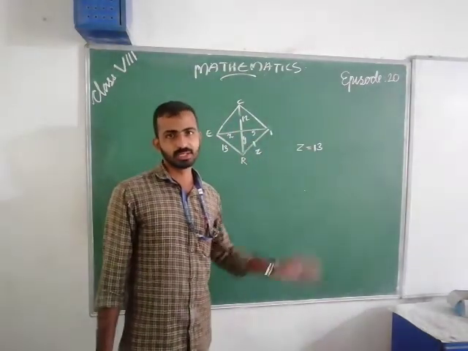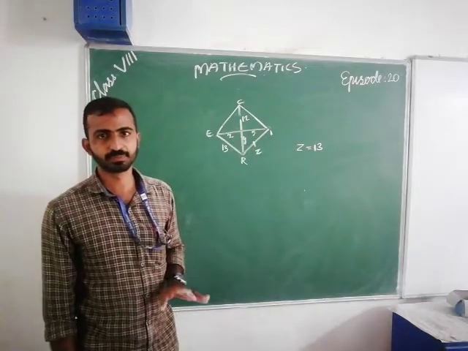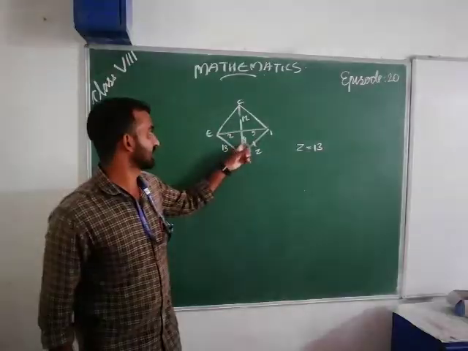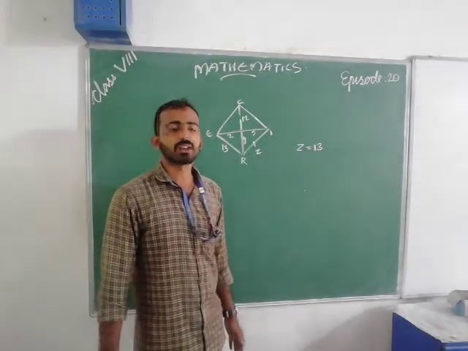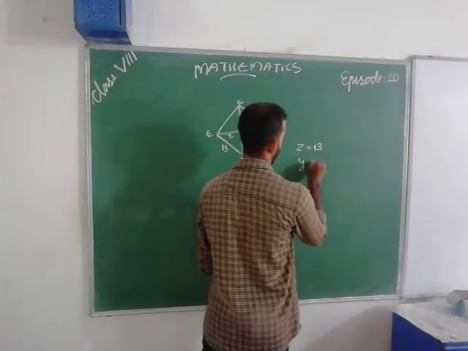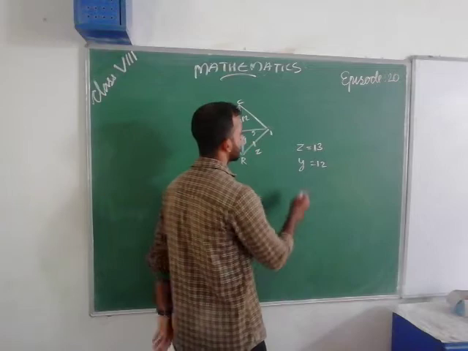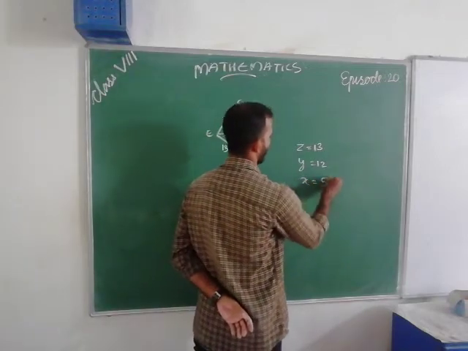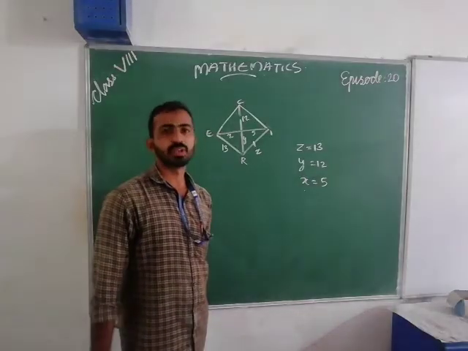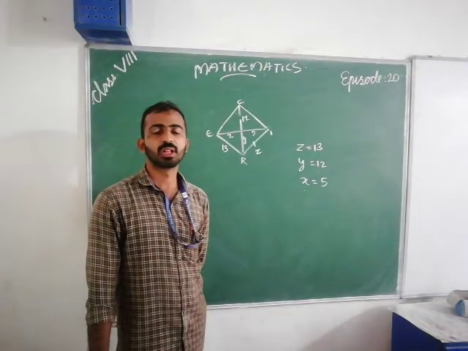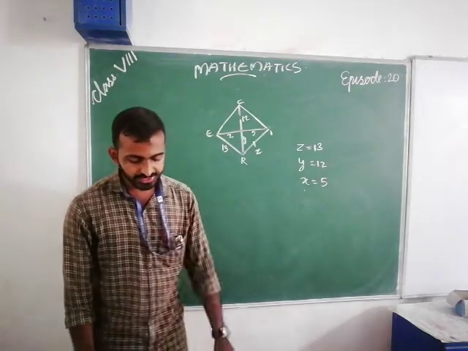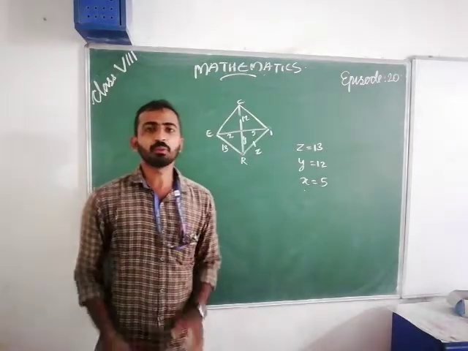We also know that the diagonals perpendicularly bisect, so these lengths are equal. So y equals 12 and x equals 5. Is it? Yes.